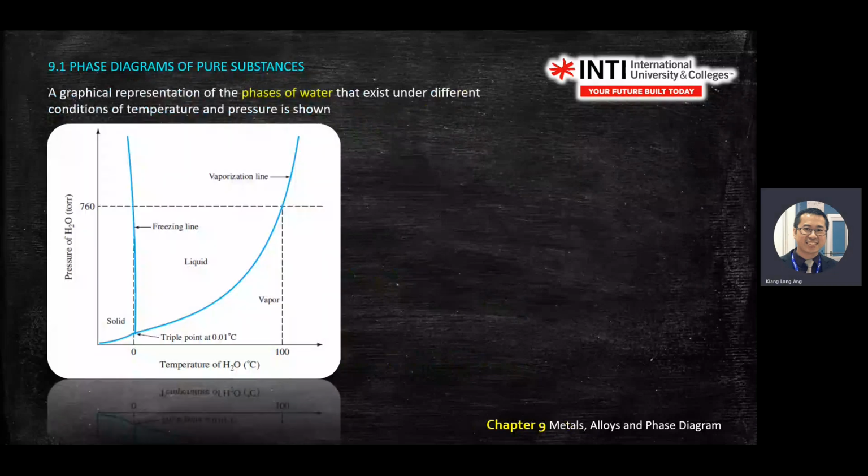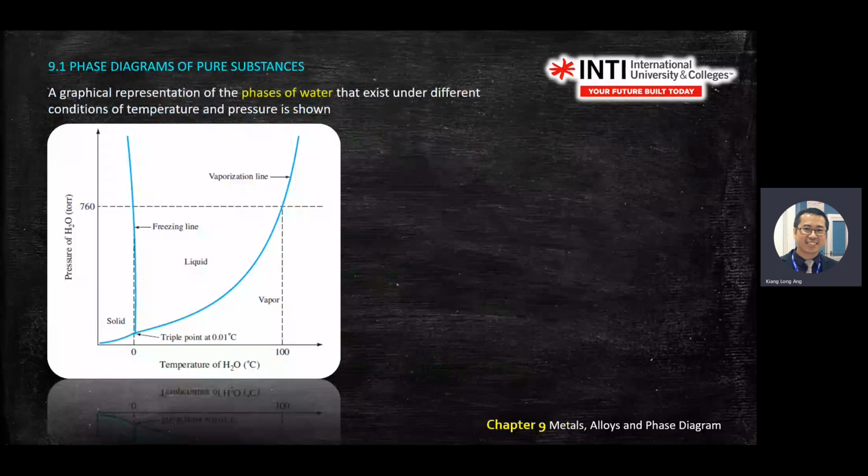Now we go into water. We will try to combine what we learned in sugar, with water, and we bring it into metal later on. So we try to build the tempo. On the graph here, on the left-hand side is the pressure. It's pressure versus temperature. At a certain temperature and a certain pressure, you will have different phases for water.